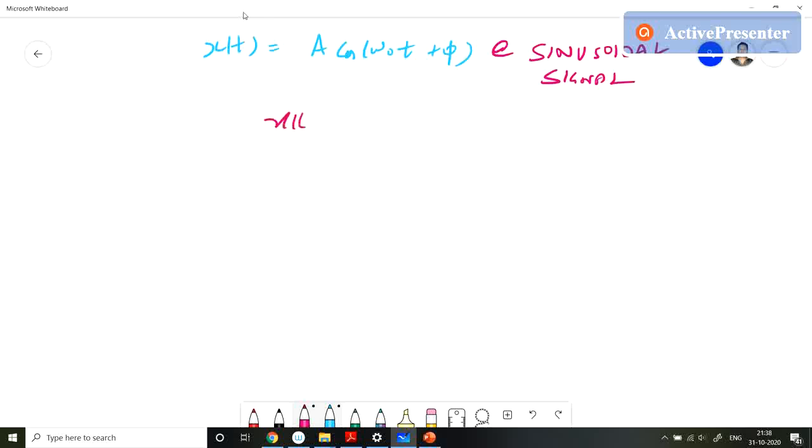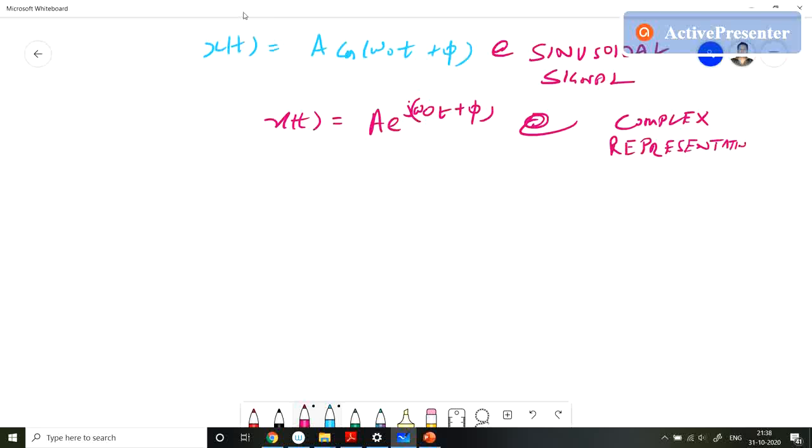We can also write it as A e raised to the power j(omega naught t + phi). This is the complex representation of the sinusoidal signal, and the other is simply the sinusoidal representation.